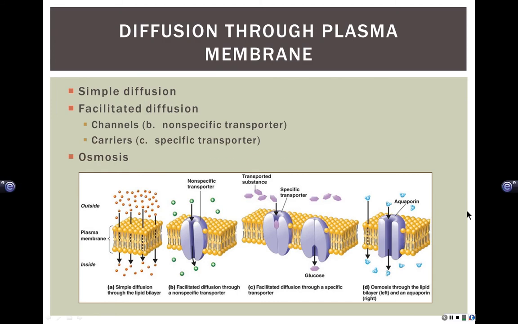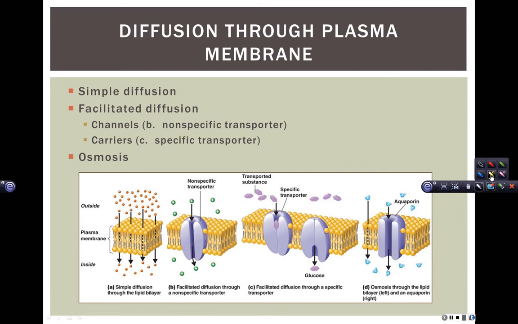So let's take a look at how this diffusion happens specifically. Now, each of those mechanisms we just mentioned basically has a specific name. So when the substances are small enough to just travel right on through without any help whatsoever, they can do that through the phospholipid portion of the membrane.